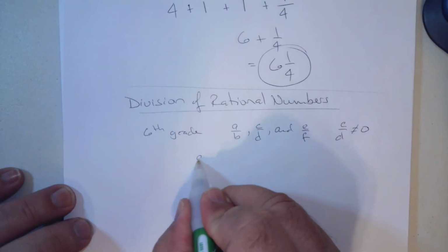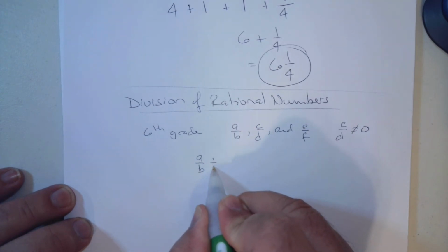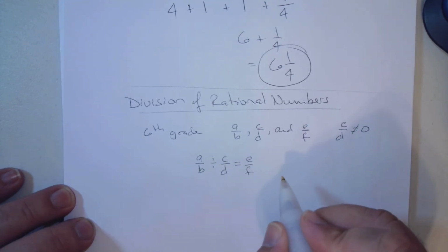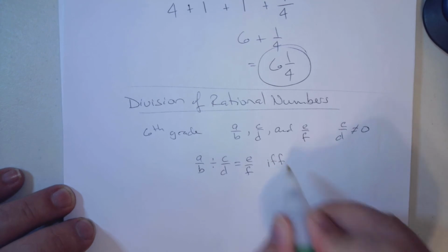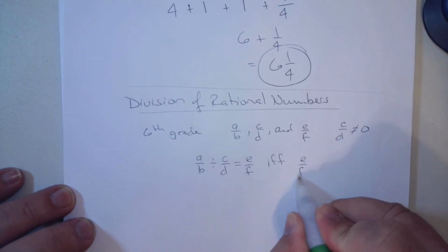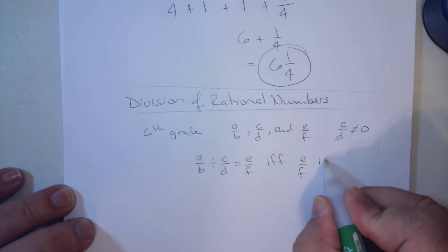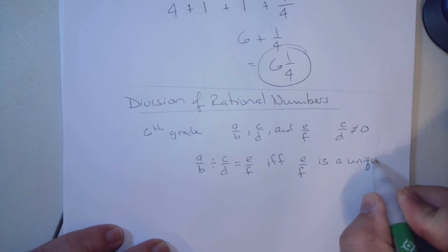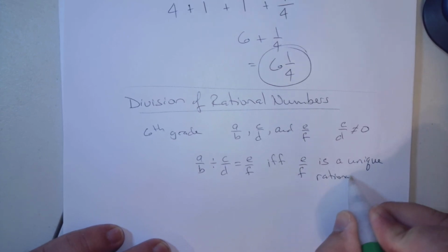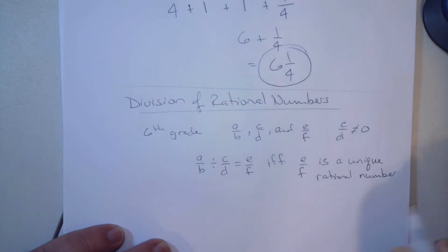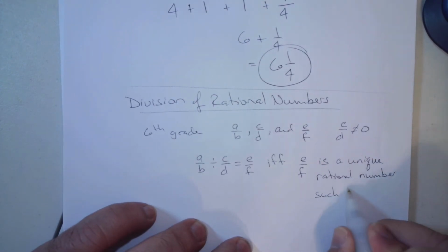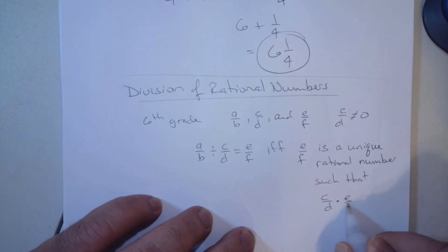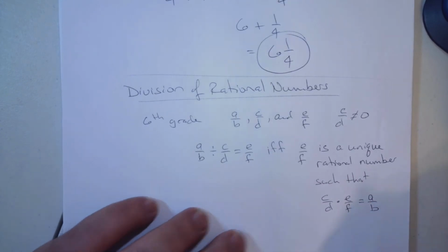And they should be able to say A over B divided by C over D equals E over F, if and only if E over F is a unique rational number such that C over D times E over F equals A over B.